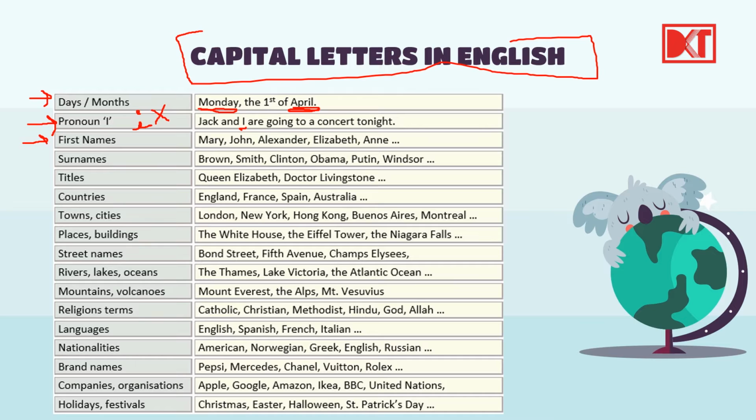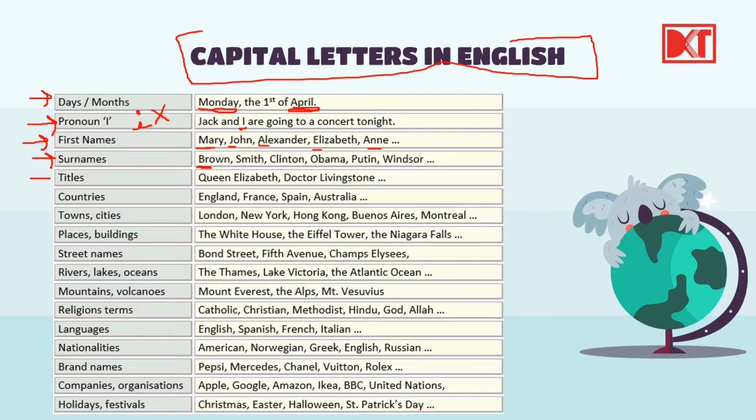Then when we refer to first names, Mary, John, Alexander, Elizabeth, any first name, the first letter is capital. And similarly, when we write surnames, Brown, Smith, Clinton, Obama, any surname, the first letter is capital.